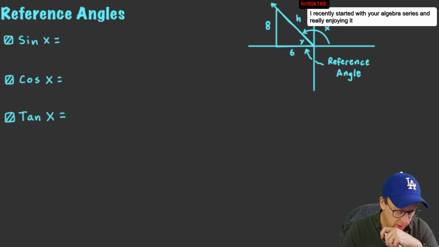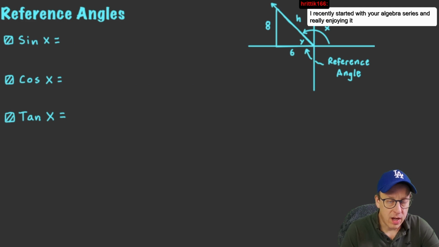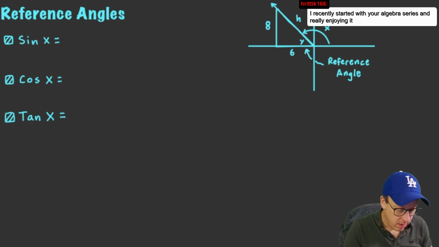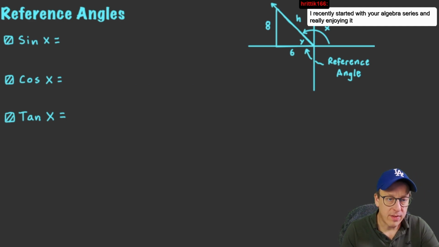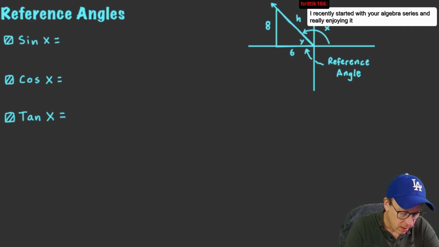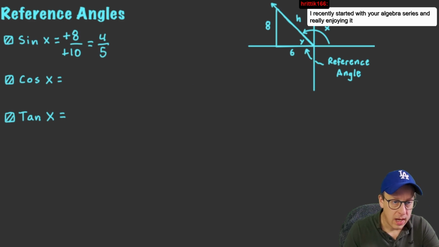So let's say we have this angle right here, and we want to find the individual parts here. Well, again, SOHCAHTOA. So we know the leg opposite, y, divided by the hypotenuse. So this is going to end up being equal to 8 over 10, and these will be positive. So that's going to be 4 over 5.